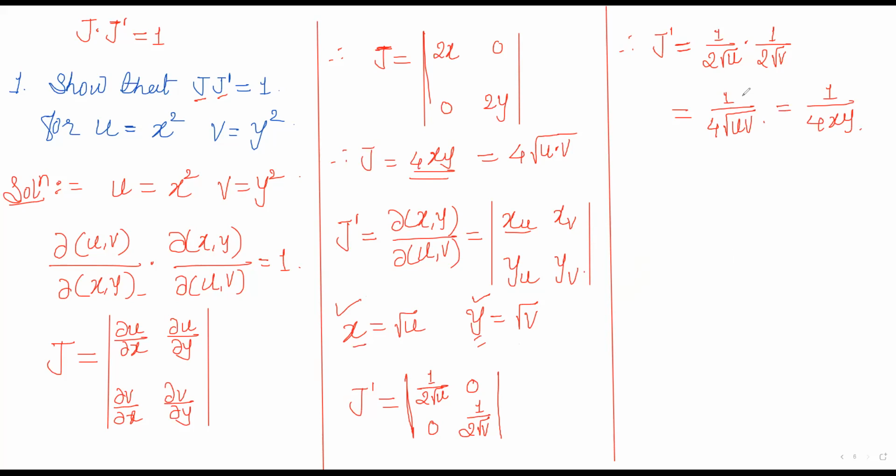So here 1/4 into root uv, it can be put as 1/4xy. Therefore, by using the property of Jacobian, that is j into j dash is equal to j, that is 4xy, into j dash, that is 1/4xy.